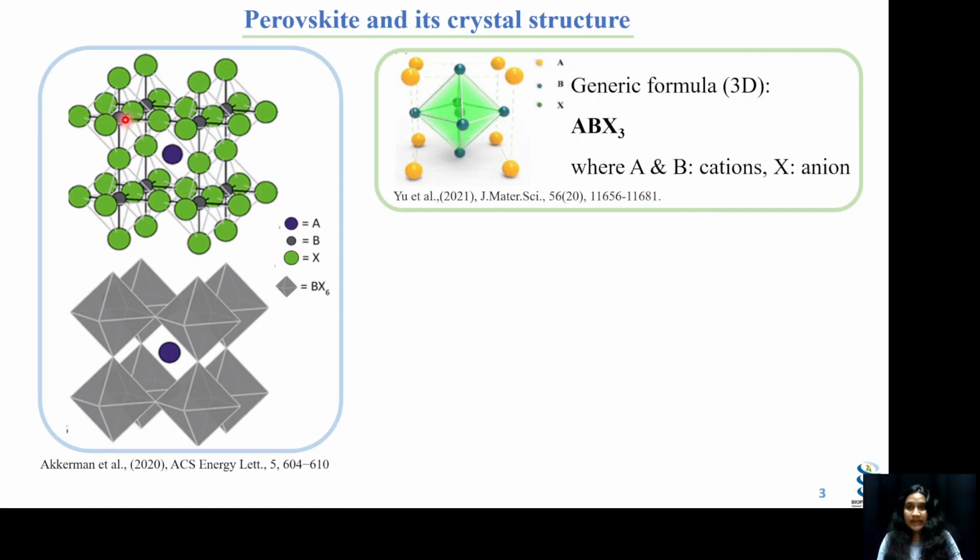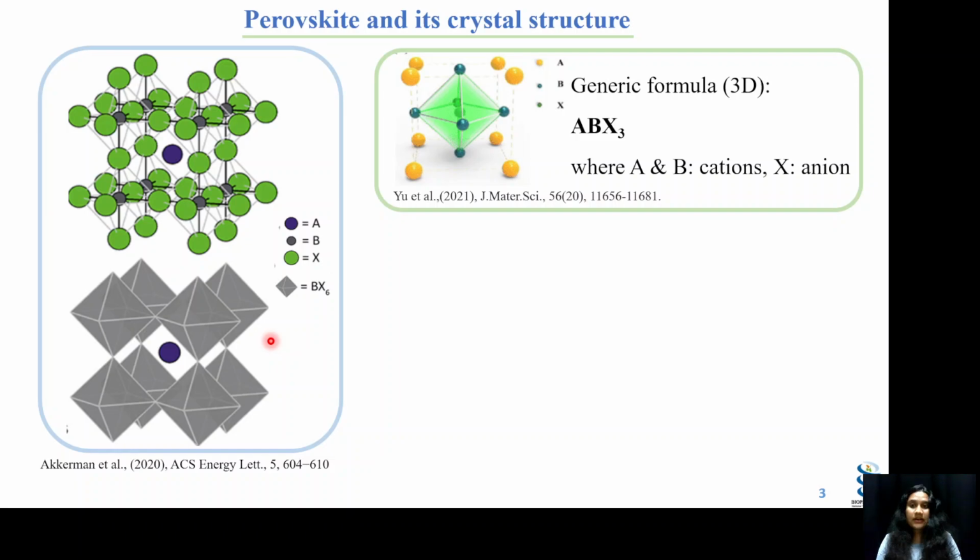These black spheres here are cation B, the central one is cation A, and these green spheres are anion X. If we consider this cube where the black spheres are the corners, you can see that each of these black spheres, that is a cation B, is coordinated with 6 anions. So this BX6 can be represented as an octahedron in this way. So this is how we can visualize the 3D crystal structure of a perovskite.